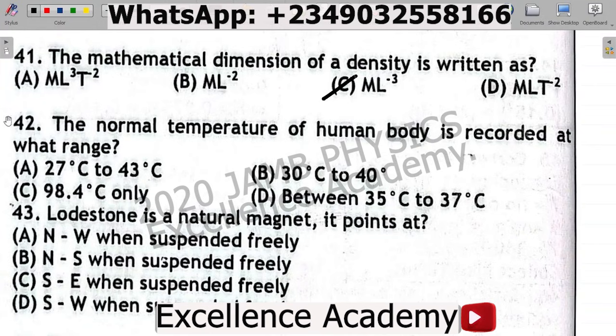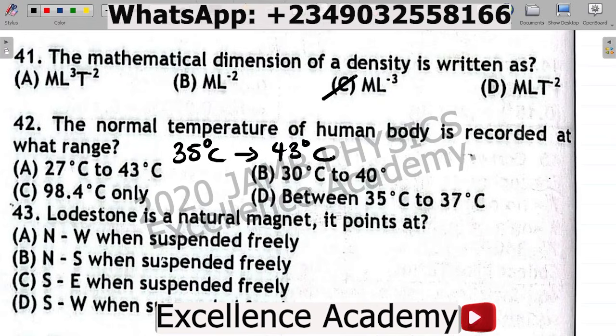Question 42 says, the normal temperature of human body is recorded at what range? You have option A, option B, option C, and option D. So which of the following is correct? Now, for this question, you want to note that the range of temperature for the human body is between 35 degrees Celsius to 43 degrees Celsius.